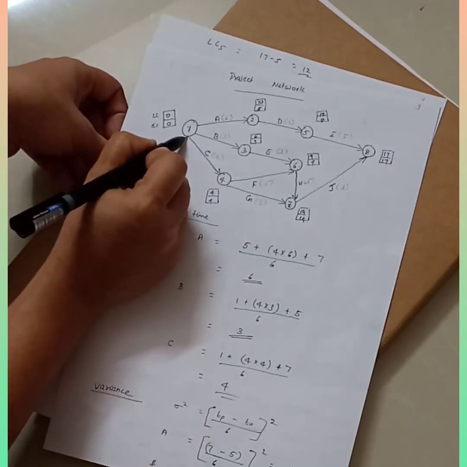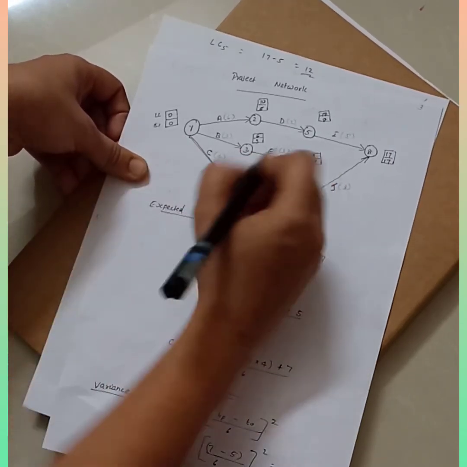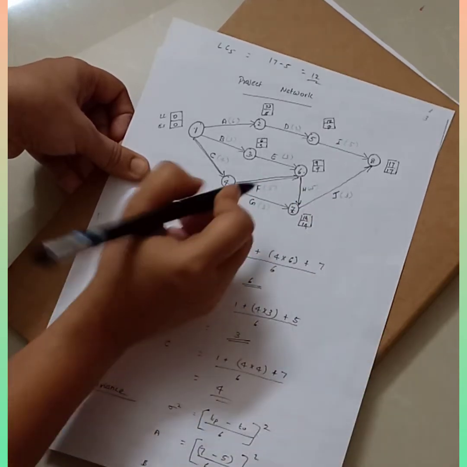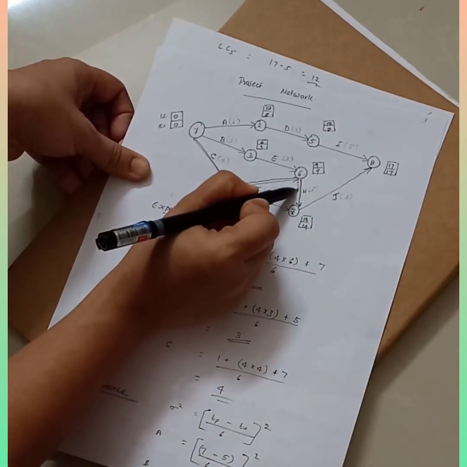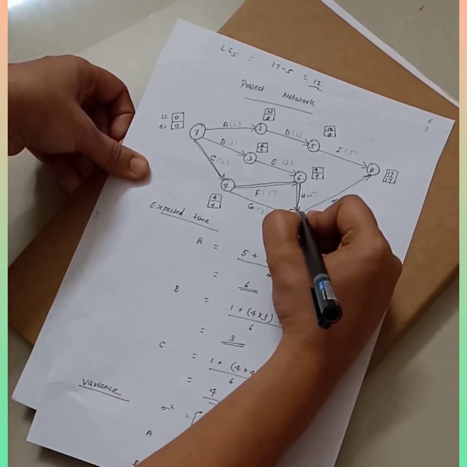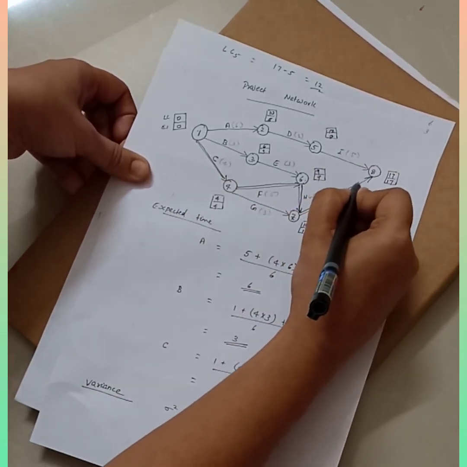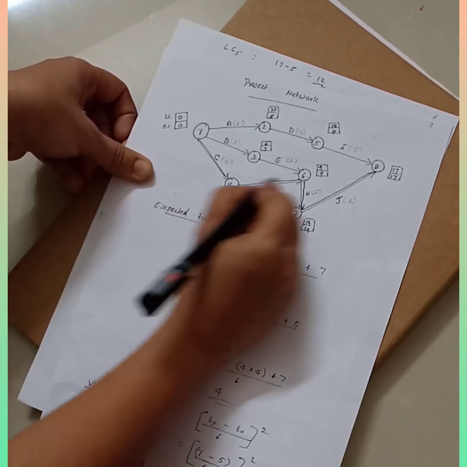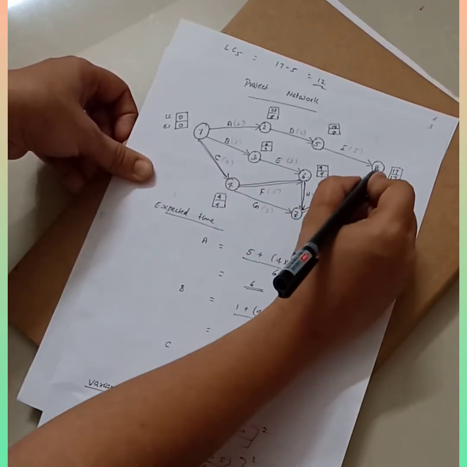So it is 1 to 4, then 4 to 6, then 6 to 7, and finally 7 to 8. So this is our critical path.